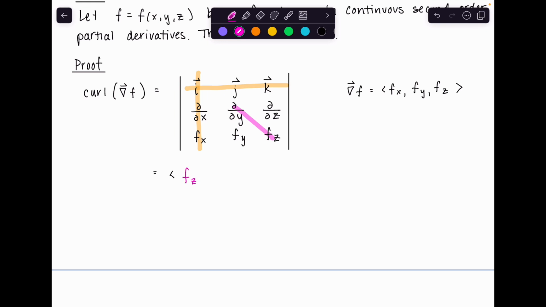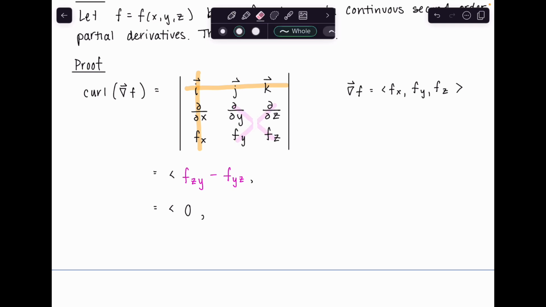So first I'm differentiating with respect to z, and then with respect to y. And then I subtract this derivative, which is the partial with respect to y, and then z. Okay? And kind of doing each of these simultaneously, we know when we start with a function and then take mixed partials, these are going to be the same thing. So the first component is going to be 0.